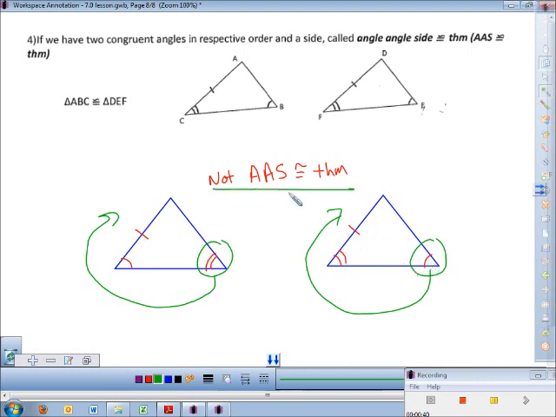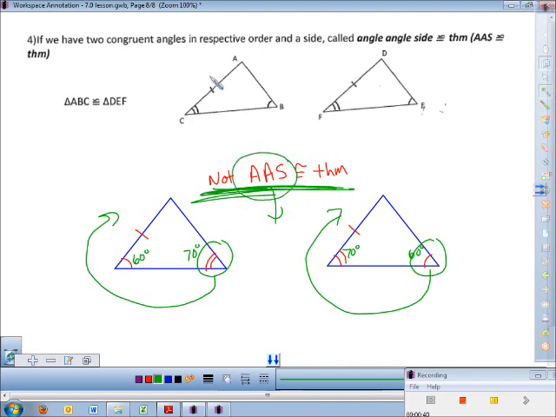So this is not angle, angle, side, because the angles were in the wrong order. If I put numbers in there, if this was 70 degrees and this was 60 degrees, and then this one, the double arc mark, is 70 degrees and this one's 60 degrees, you switched them around. It has to go 70, 60, side, 70, 60, side, and it didn't work that way. So it's not an angle, angle, side situation.